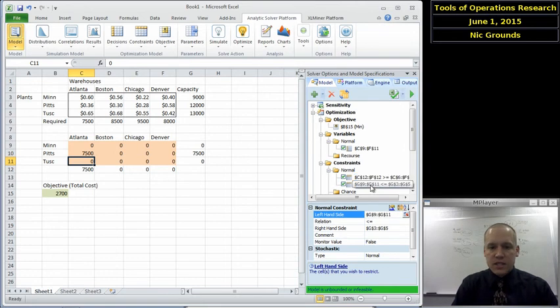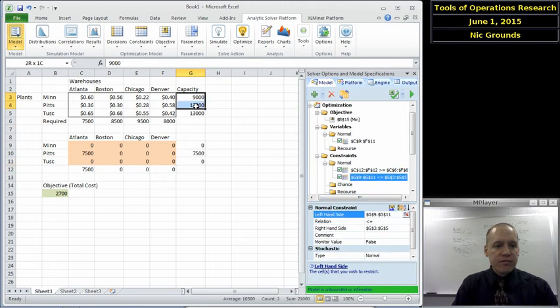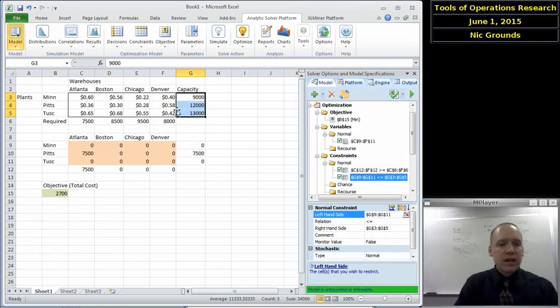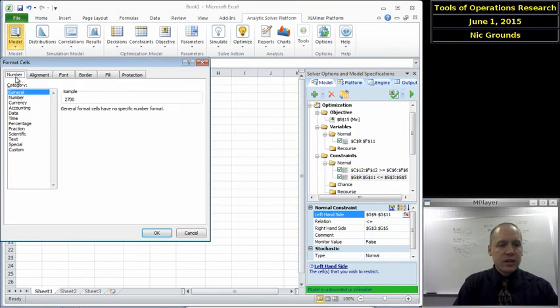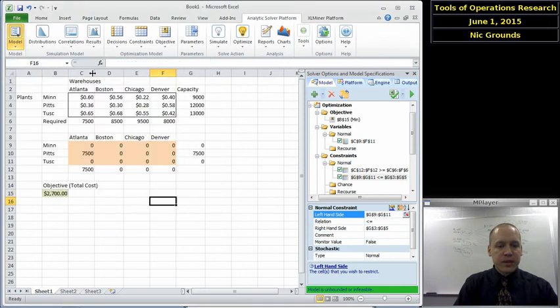And then G9 through G11, those values shipped from each plant, summed up here, must be less than or equal to, that is, they can't be any greater than G3 through G5, the capacities. And again, check that I have those units correct. Okay. And then our total cost, which really should be formatted to look as a number, would be there.